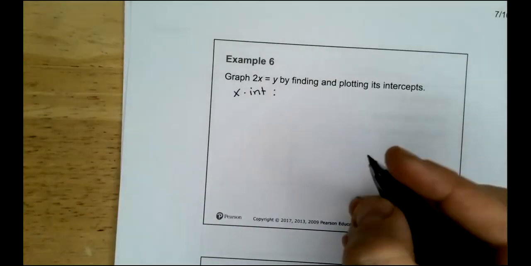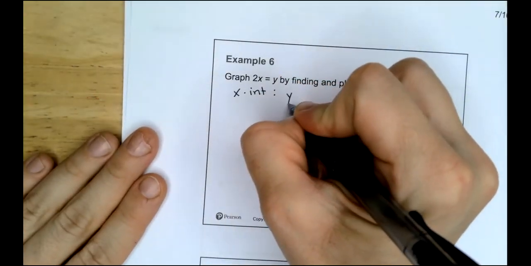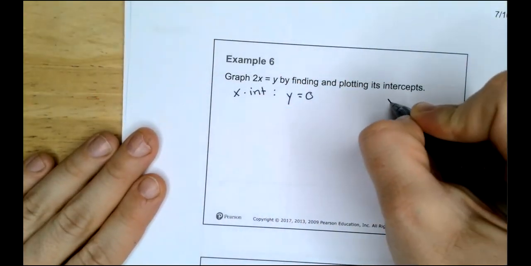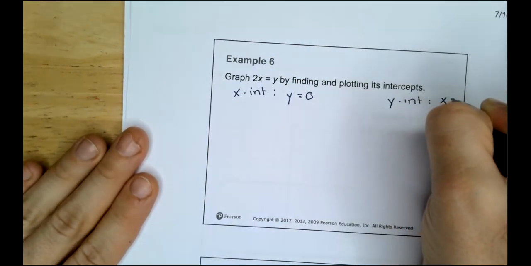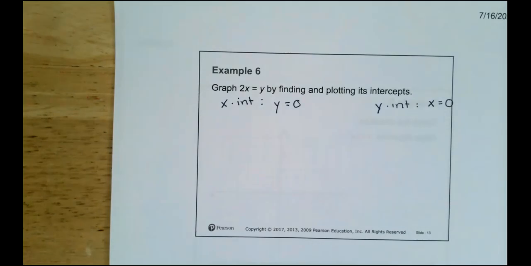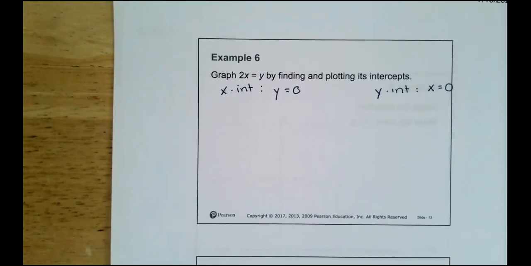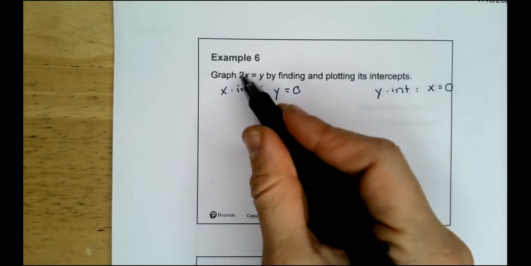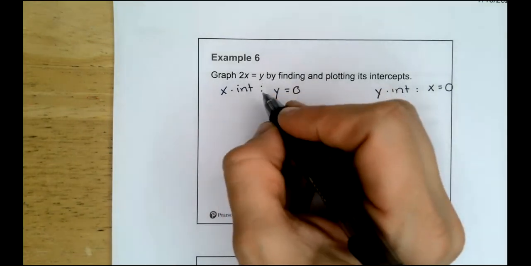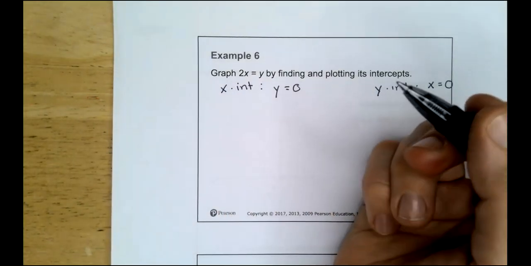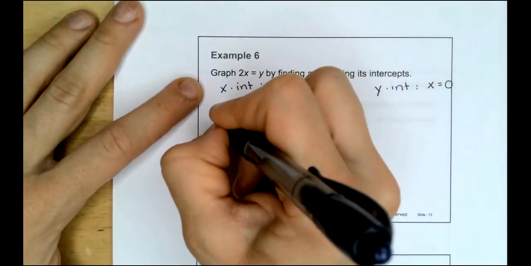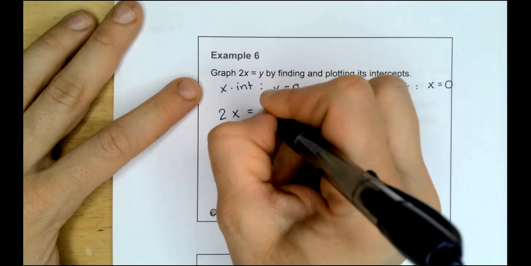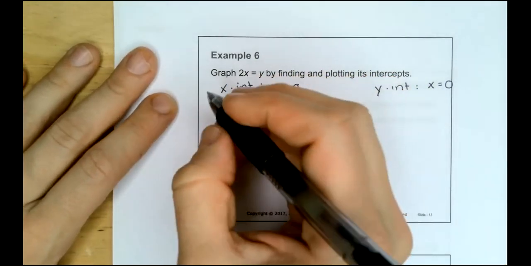To find your y-intercept, x is equal to 0. 2x equals y. Y is equal to 0 for my x-intercept. 2 times x equals 0. That's all we're doing, okay?